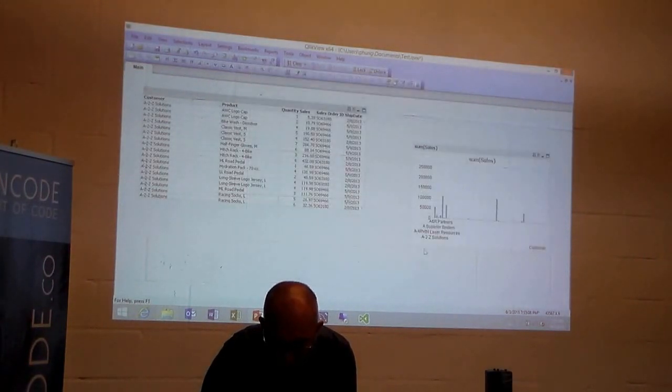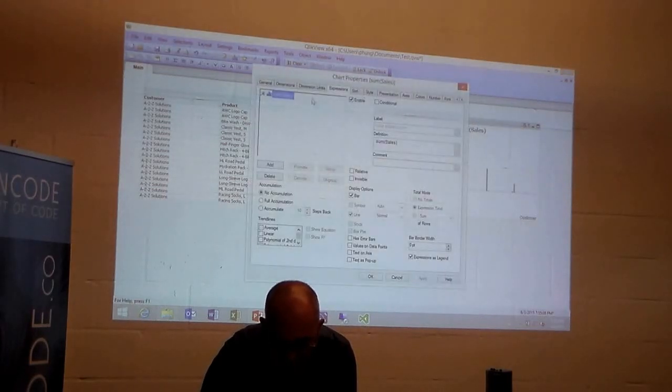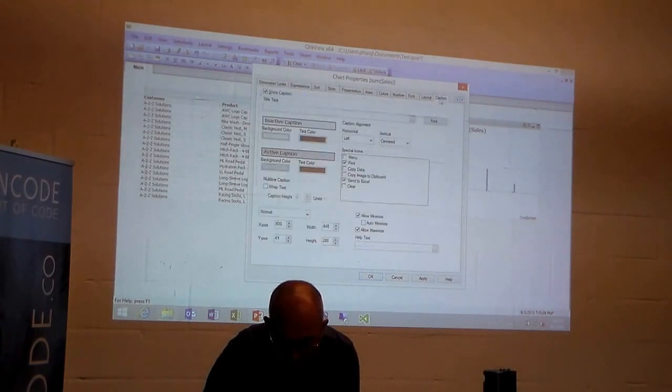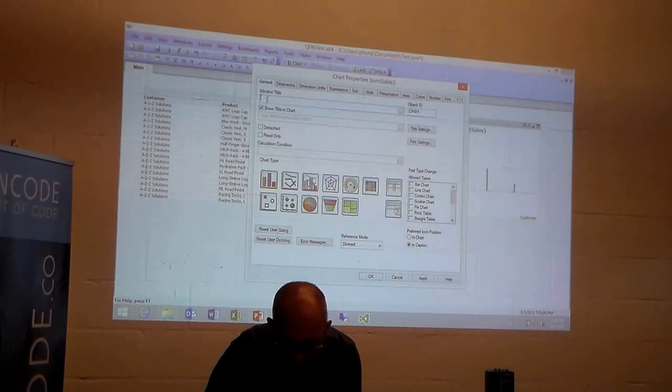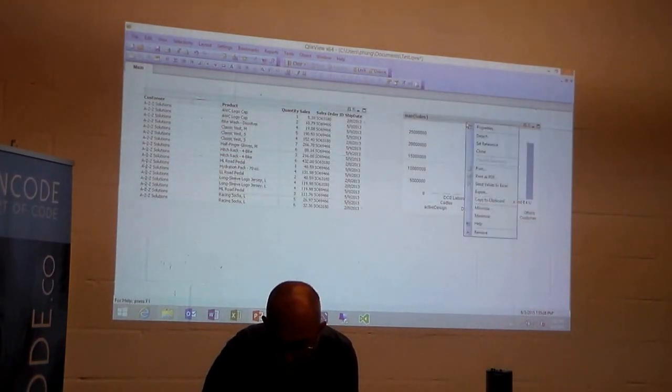And boom. Now obviously you want to format it because there are a lot of customers. So I want to say, you know what, just give me the largest 10. In the general tab, I don't want to see any title on my chart. Boom. Let me sort it from the top down.